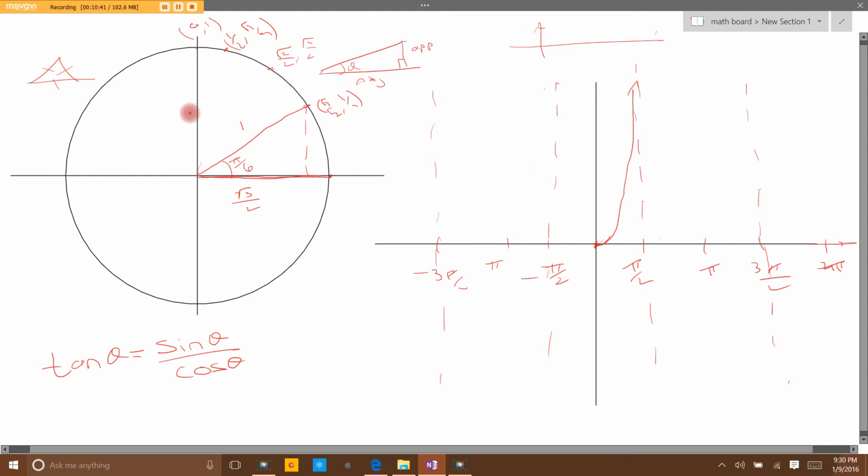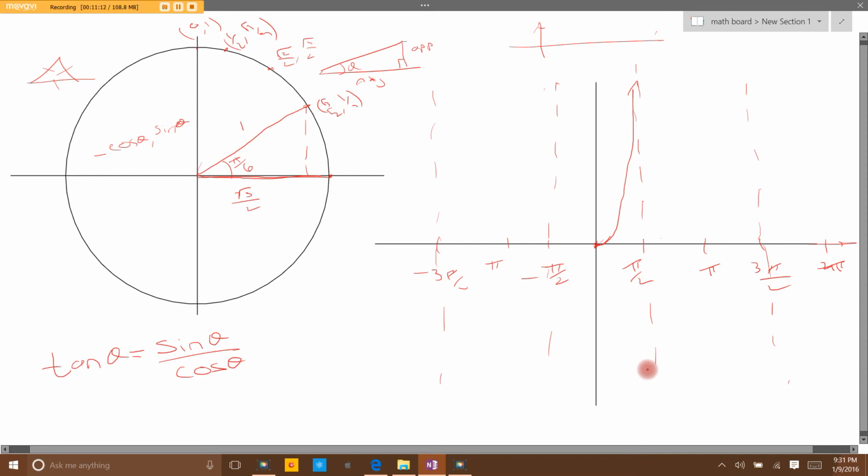Okay, now what about in this quadrant? We know cosine of theta is negative, right? So negative cosine theta, or x, and positive sine theta. You have to account for that negative, because once you cross this boundary, you're now at negative infinity, because any value for cosine is negative here.